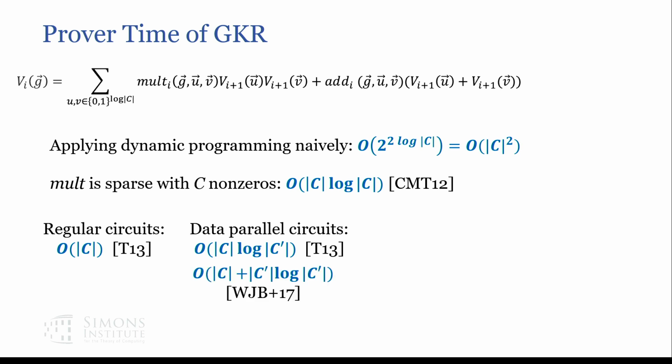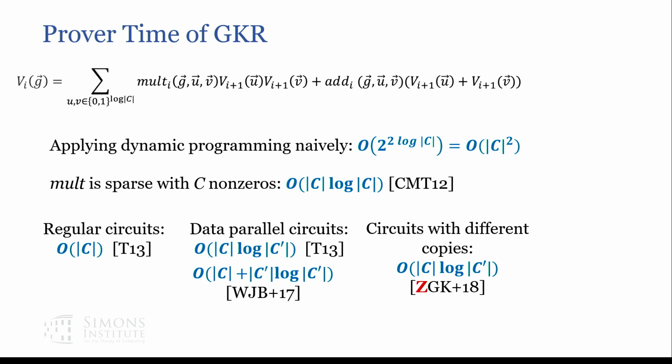Later, this was improved to nearly linear, C plus C prime log C prime, in this paper by Wahby et al. in 2017. And in one of our previous works, as a side product, we show that even if the copies are different, we can still do this C log C prime. Okay? What's C prime again? It's the size of the small circuit repeating multiple times, in parallel fashion.